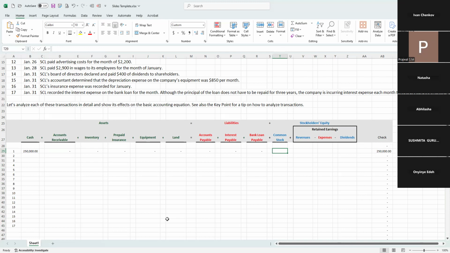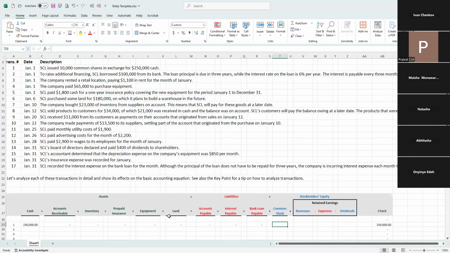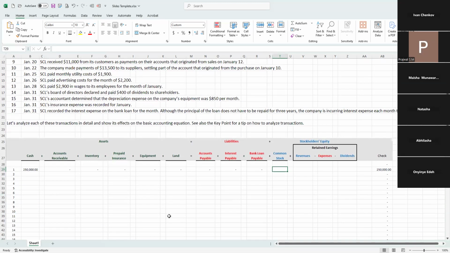What do we issue? We issue common shares. Where should we put those common shares now? Is it income or revenue? Did they sell something?